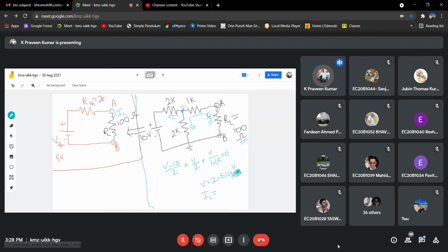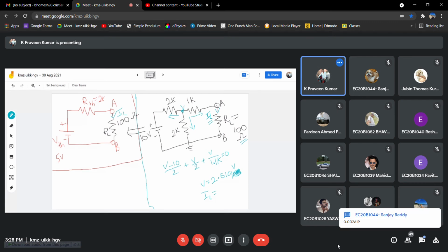Otherwise, you can just type in the chat box. I couldn't hear that value. Yeah, just type in milli.